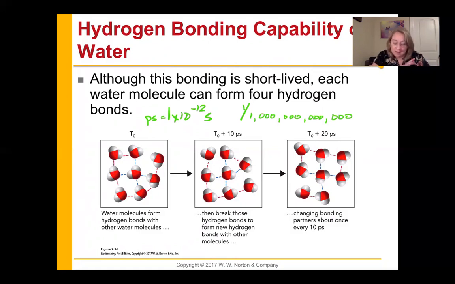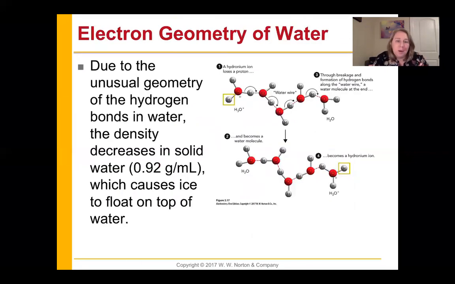Remember, we said the solid's a little bit different. It's unable to change as much. So this is liquid water. When we look at solid water, the geometry of the hydrogen bonds in the water gives more space between the water molecules and causes that ice to float on top of the water.